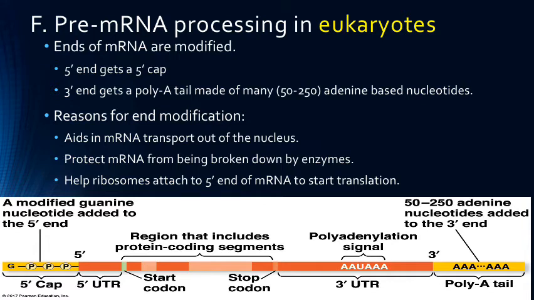Well, it seems like we have little aglets or little protective caps on the end of our messenger RNA before it leaves the nucleus. And this also helps the ribosomes attached to the 5' end of the messenger RNA to start translation. So that 5' cap helps with the messenger RNA binding to the ribosome. And again, this is pictured on page 345 of your books.